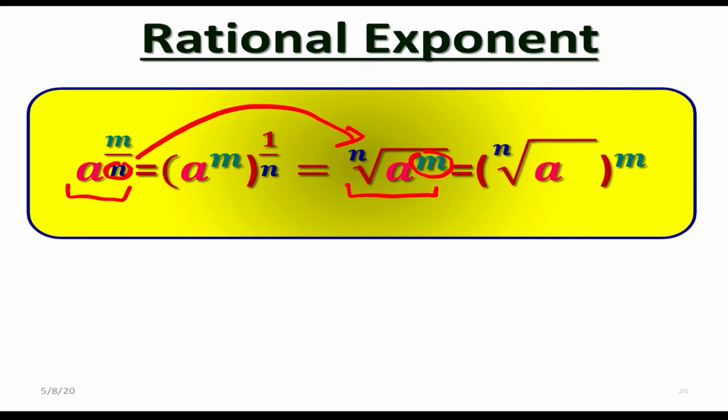This is a connection, a link between a fractional exponent or rational exponent, it's the same, and radicals. Because sometimes when you do algebra, you have to convert, you have to change, in other words, the fractional power into radicals, and sometimes vice versa. So these formulas are vitally important.